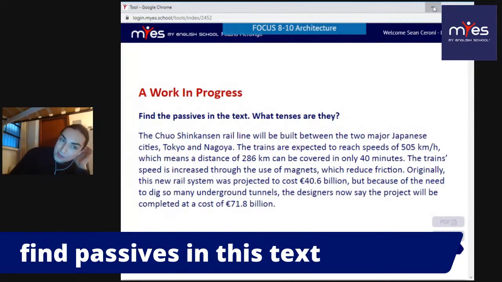So, find the passives. I'll give you a moment. You did very well in the last text finding them, so I'm sure you'll be able to do it again. It's the same three kinds of passives we've been looking at: present, past, and present perfect.